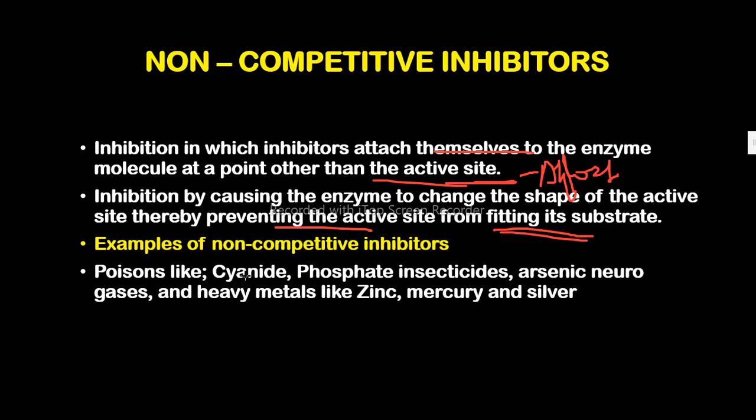Examples are poisons like cyanide, phosphate insecticides, arsenic, which is a nerve gas, and heavy metals like zinc, mercury, and silver. They are non-competitive inhibitors.